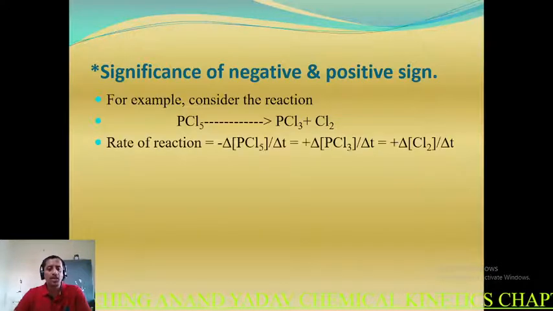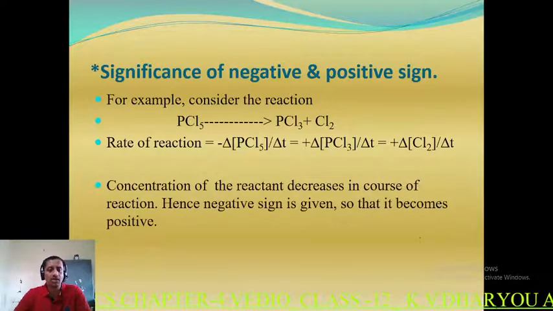We can write the rate of reaction in this case as negative delta PCl5 upon delta T, or with respect to product you can also write the rate of reaction as delta PCl3 upon delta T or delta Cl2 upon delta T. Here the rate of disappearance of PCl5 is equal to the rate of appearance of PCl3 and the rate of appearance of Cl2. 1 mole PCl5 decomposes in the same time as 1 mole of PCl3 or 1 mole of Cl2 is formed. But it is not true in all cases.